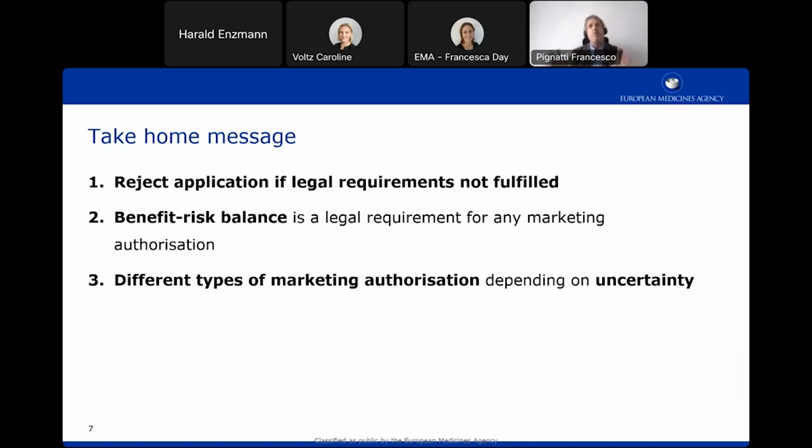But today, one of these key legal requirements, aside from quality, safety, and efficacy, is a positive benefit-risk balance. And there are different types of marketing authorizations to manage uncertainty, but what is common to all is that the benefit-risk balance has to be positive.